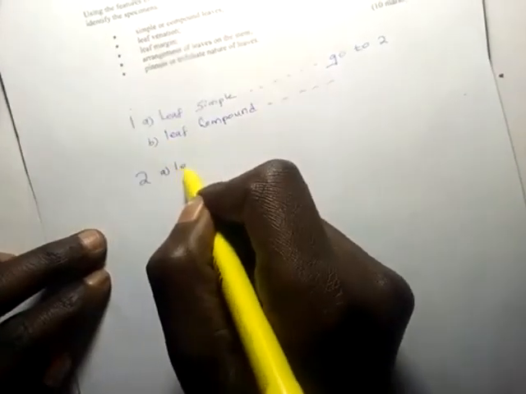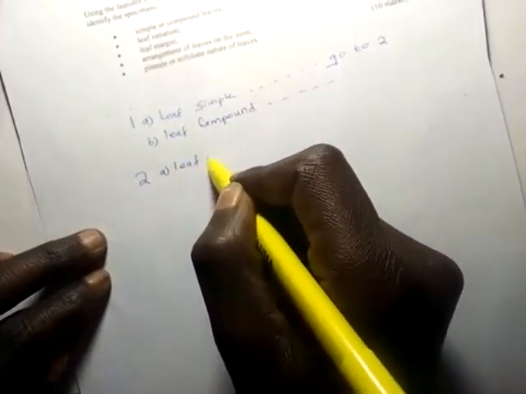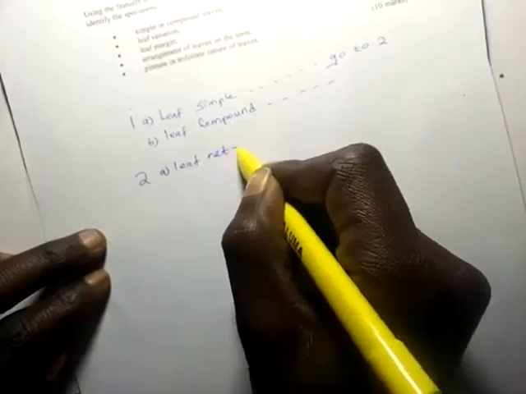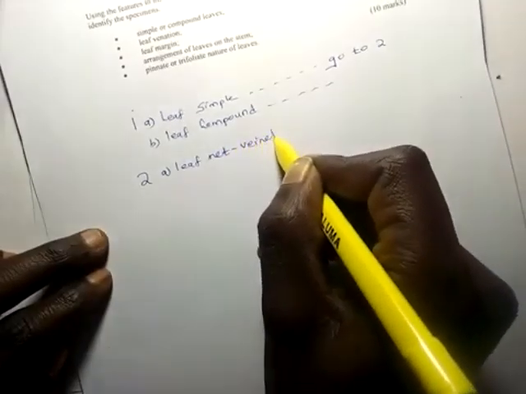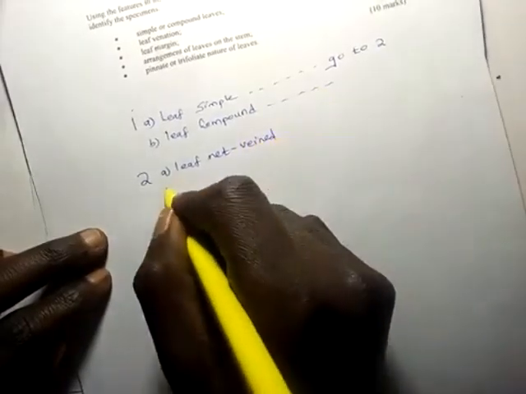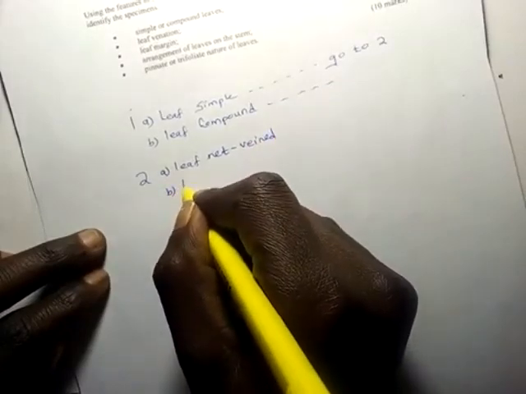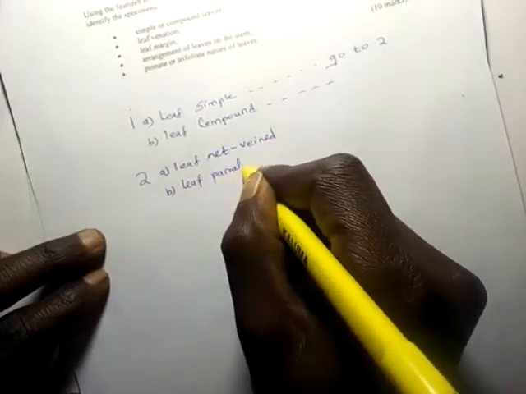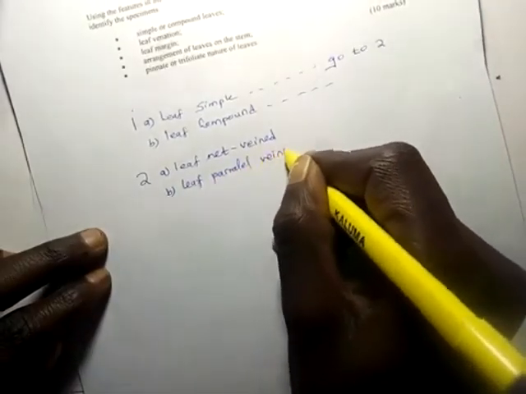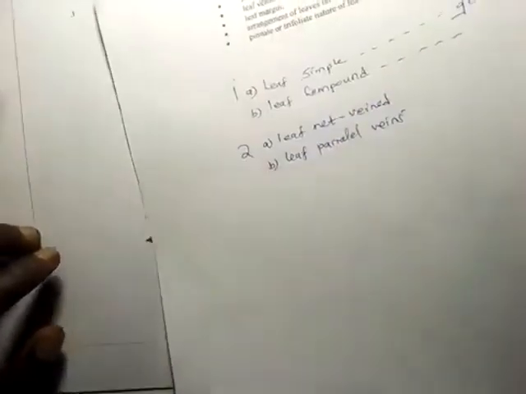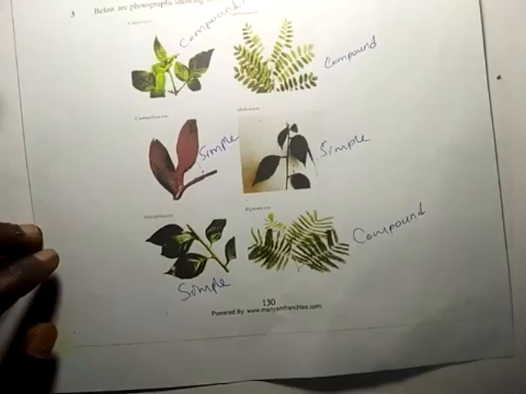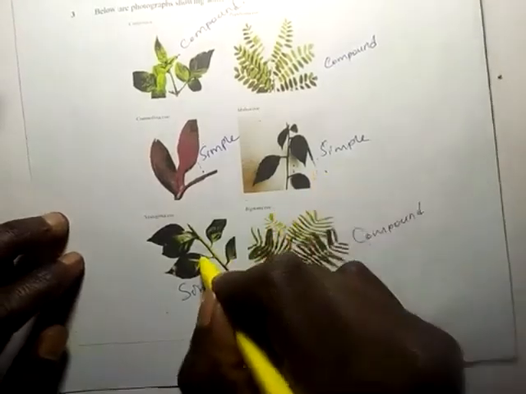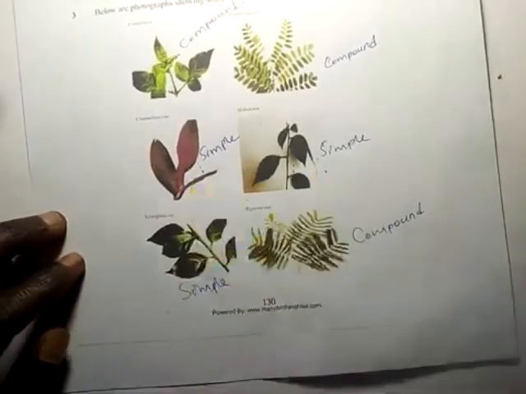Now you say leaf net veined, that is a short form, and then B, leaf with parallel veins. Now with the network veins there are 2, but with parallel veins there is 1.